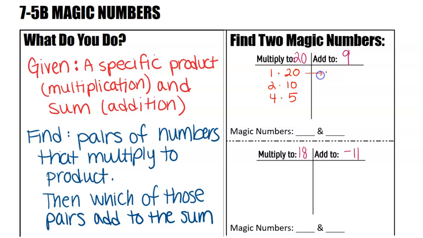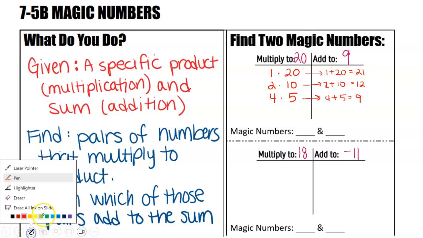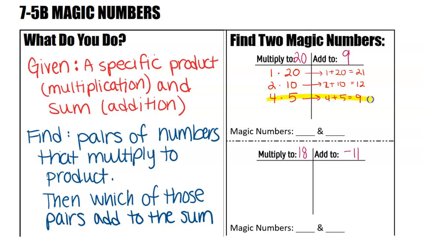Now what I'm going to look at is what do I get when I add those pairs of numbers together. 2 plus 10, and then 4 plus 5. My magic numbers are only the ones that also add to 9, and that looks like it is our bottom pair of numbers, 4 and 5. So my magic numbers in this problem are 4 and 5 because they multiply to 20 and add to 9.